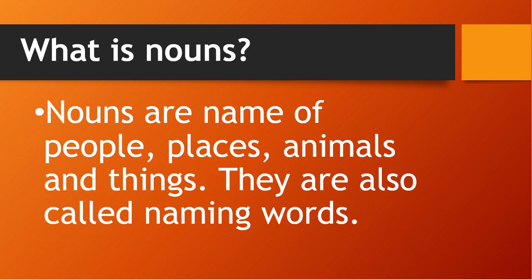Here, the first question: what is a noun? Let me explain. You speak some family member's name, correct? Suppose you are telling your friend's name: hey Raju, how are you?